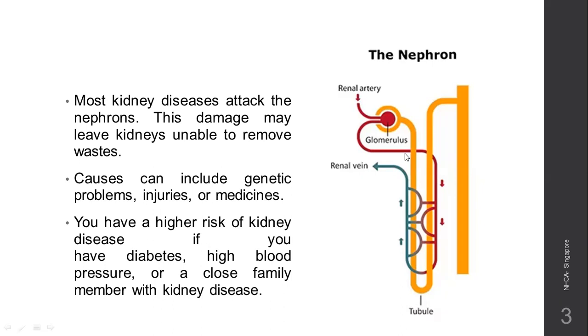You have a higher risk of kidney diseases if you have diabetes, high blood pressure, or a close family member with kidney disease. It is a genetic condition. Certain kidney diseases are genetically transmitted from the family to the offspring.